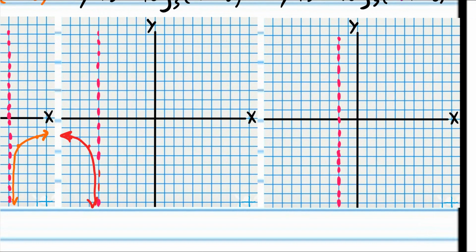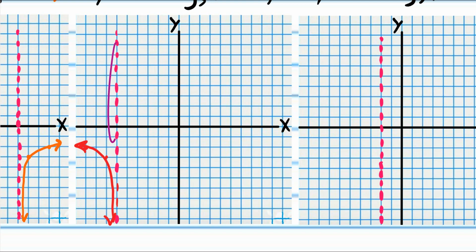And because the asymptote is a feature of our graph, an invisible feature, but it is a feature of our graph, and the points on the graph are pushed inwards, it would make sense that the asymptote would be pushed inwards also. So that asymptote is pushed from here to here.